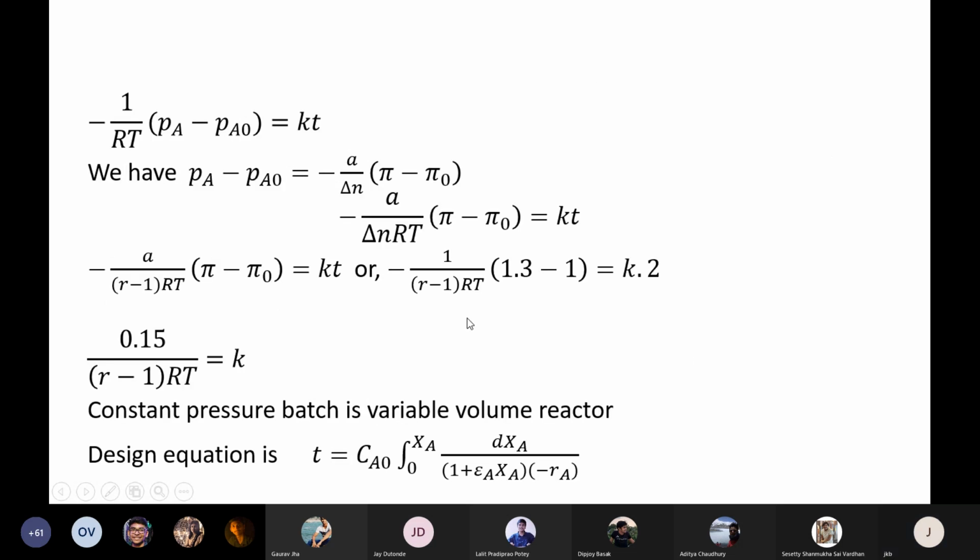So apply the stoichiometry and you will observe there is a volume change with reaction. Then the design equation for a variable volume batch reactor is in the integrated form t is equal to Ca0 integral from 0 to Xa, in terms of Xa, obviously in terms of conversion.